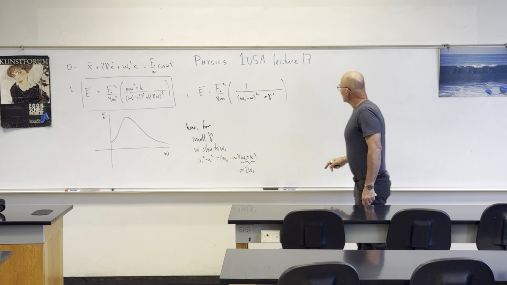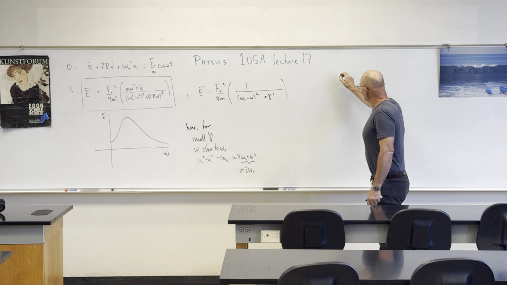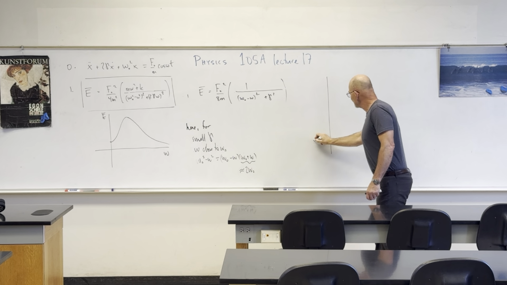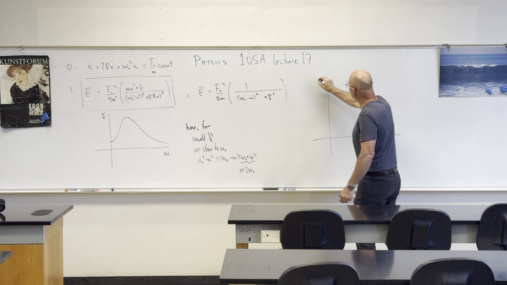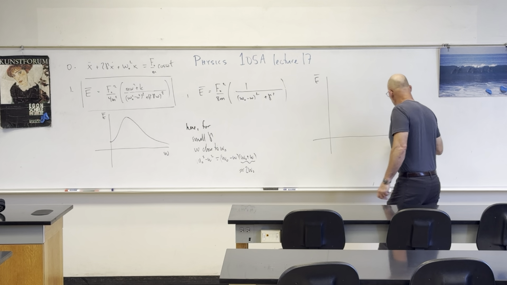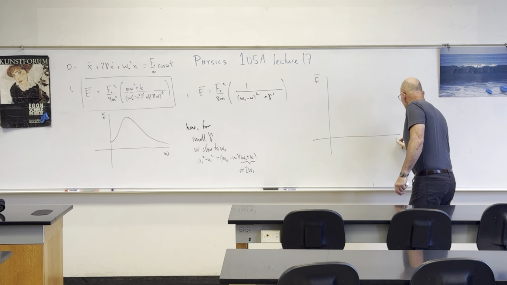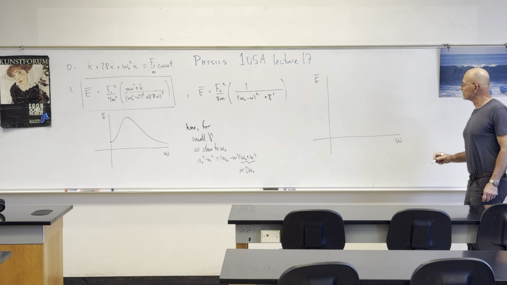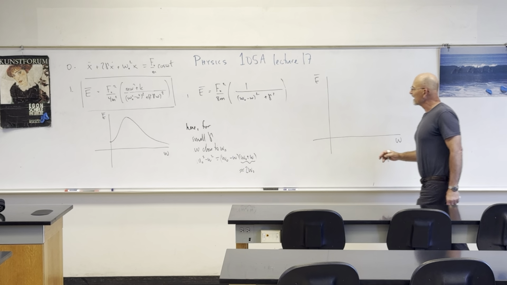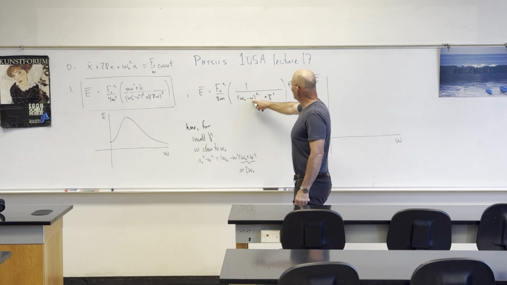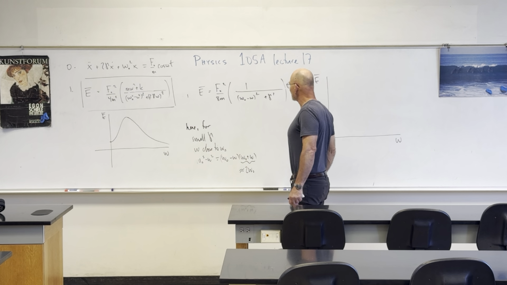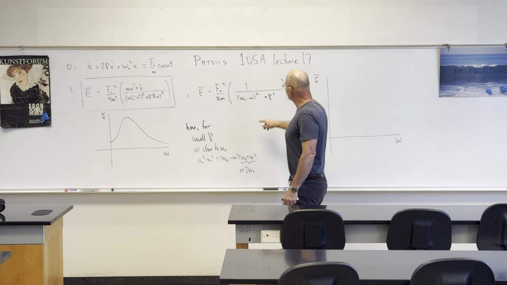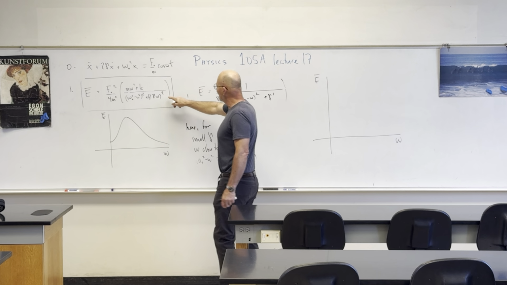So now that we've got the time, let's have a quick look at this. So now we've got the energy time average as a function of the driving frequency, omega. And again, if we take omega equals 0, it simplifies, but it's not the same as what we had here before.